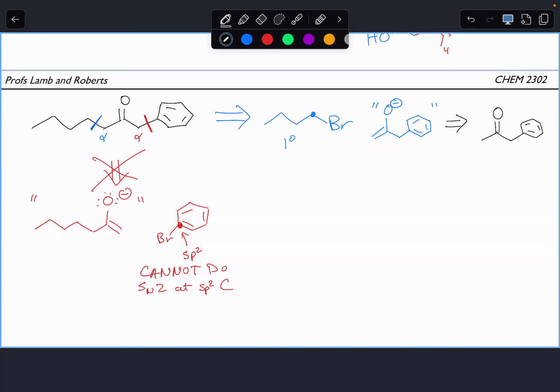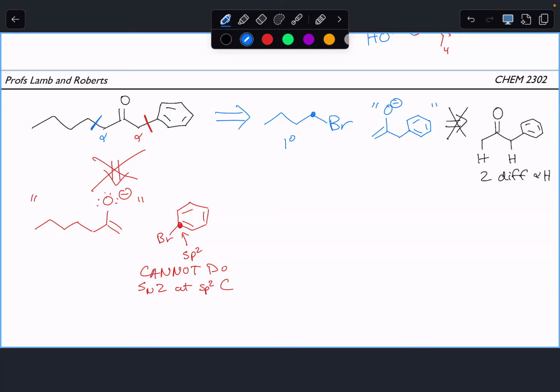The problem is that I have alpha protons on both sides of this ketone. So two different alpha protons, which means that we're going to form two different enolates, and it's going to be kind of problematic. So we don't want to do it that way.